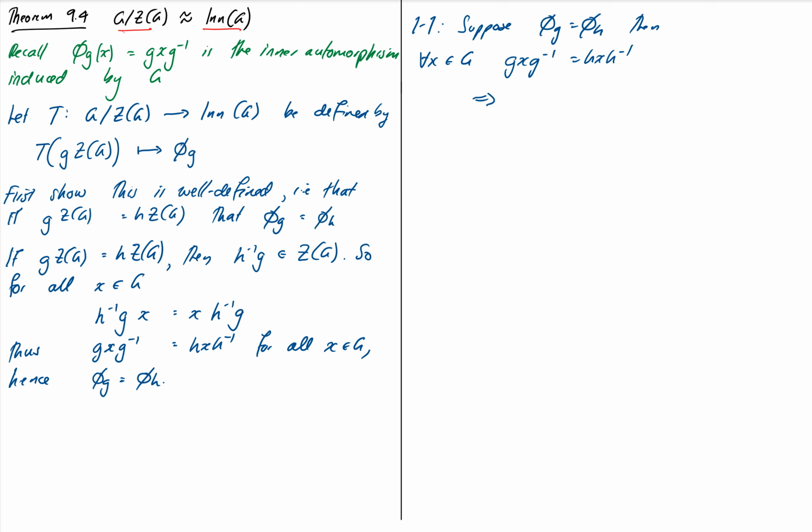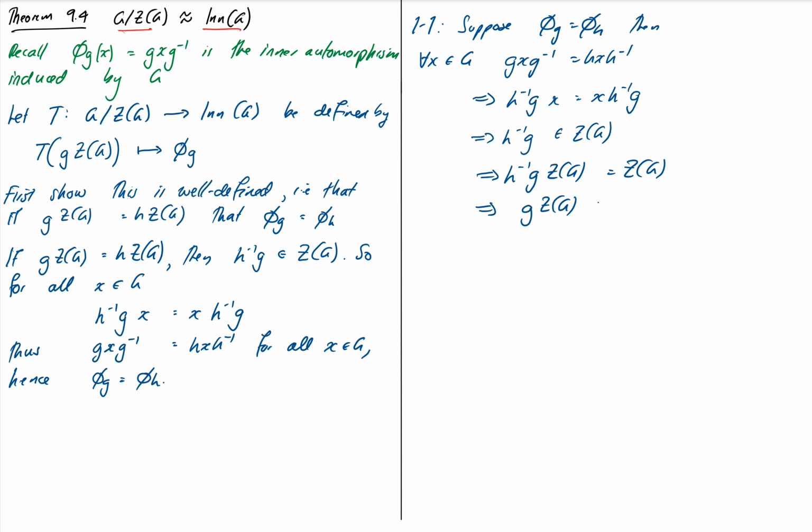Just following the working from our previous part in reverse, therefore H inverse G x equals x H inverse G, which implies once again that H inverse G is a member of the center, which in turn implies H inverse G Z of G equals Z of G, which finally implies that G Z of G equals H Z of G.